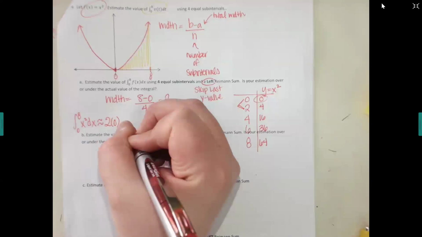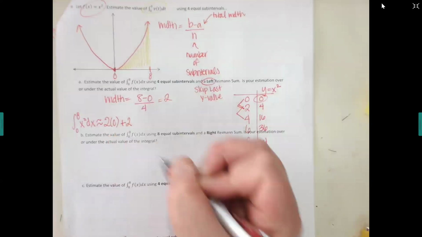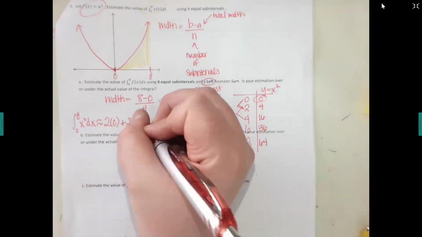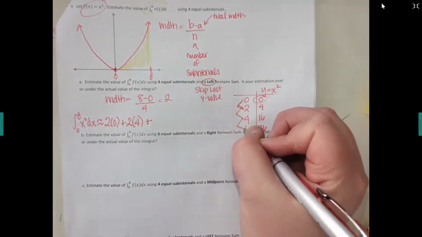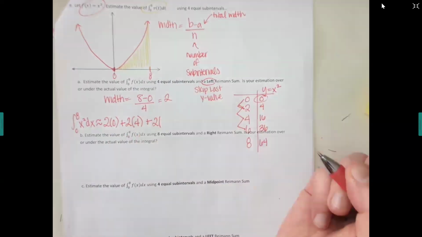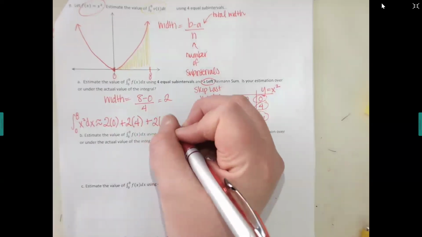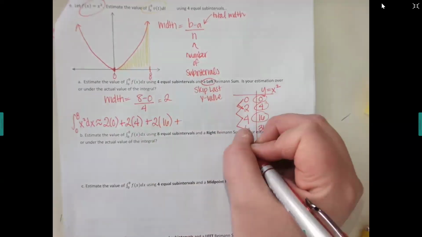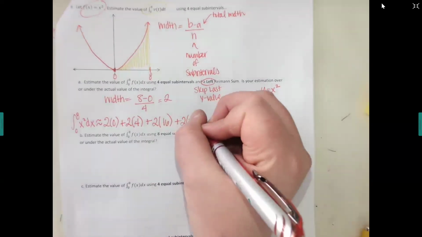So 2 times 0 plus 2 to 4 is another width of 2. Left side y value is 4. Okay, 4 to 6 is another width of 2 with a left y value of 16. And then 6 to 8 is 2 with a left side y value of 36.